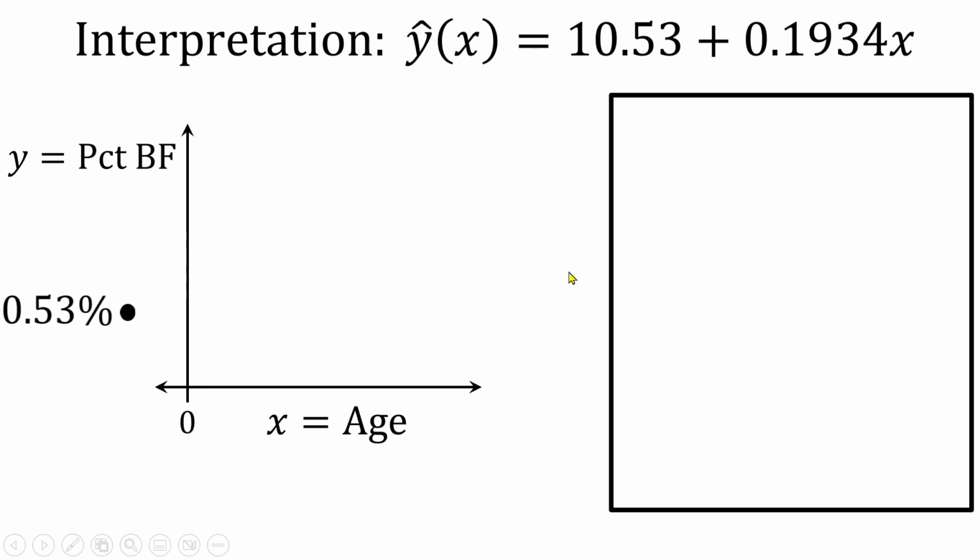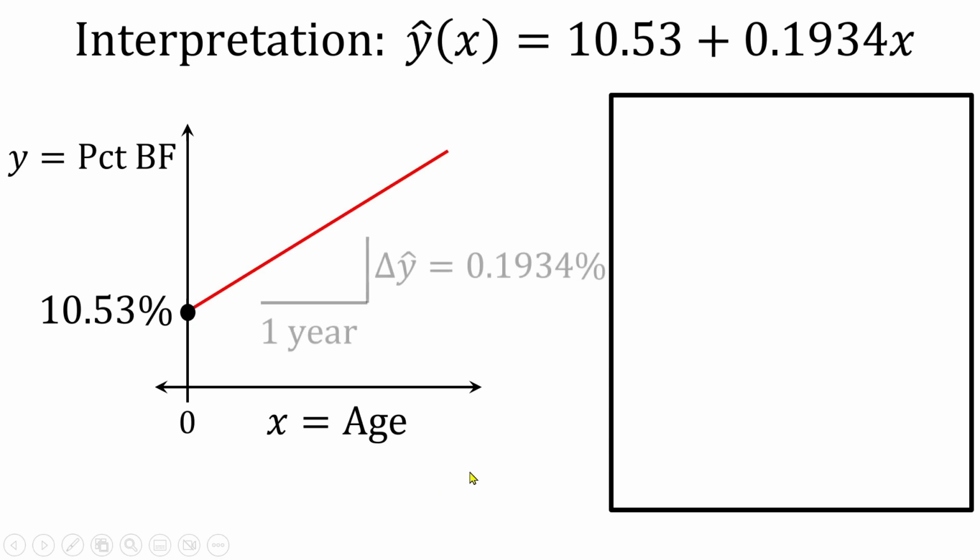Now, the intercept tells us where the modeled equation crosses the vertical axis, the y-axis. So in other words, if you take this model equation and you put 0 in for x, what you will get out of it is just that 10.53%. So that is the intercept.